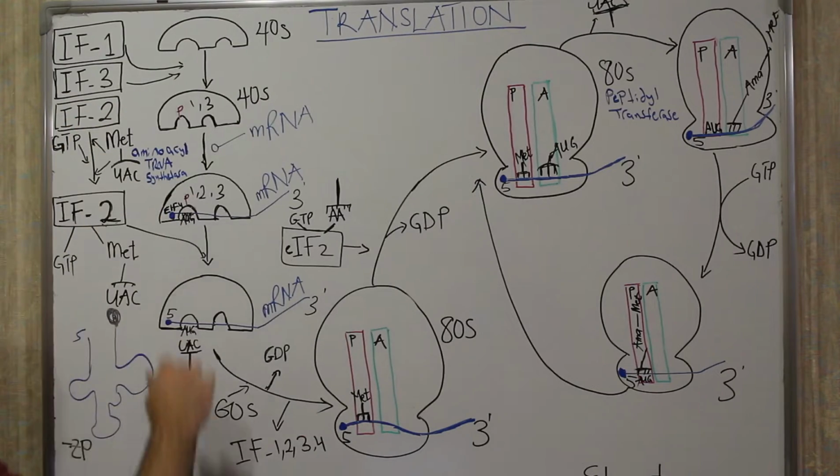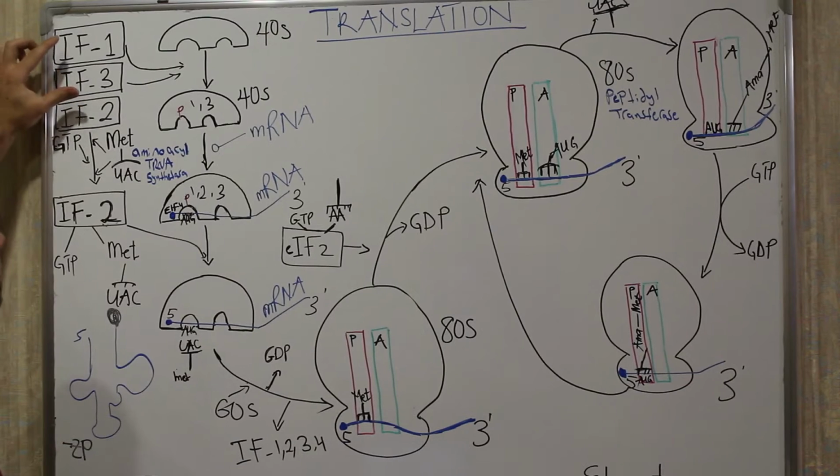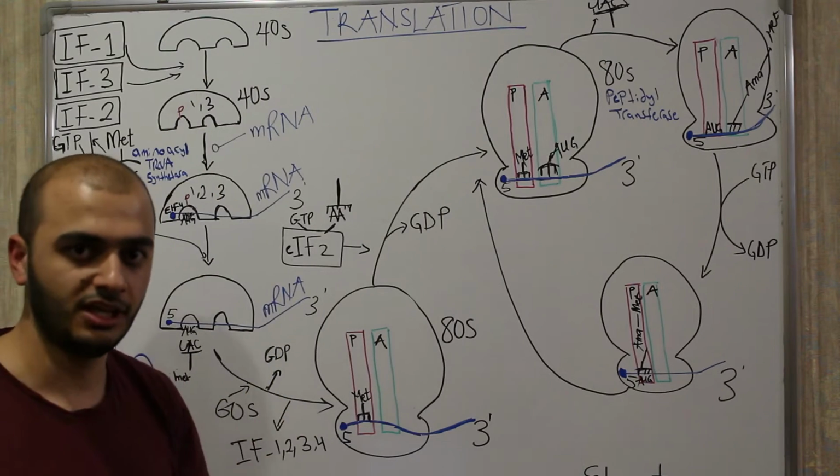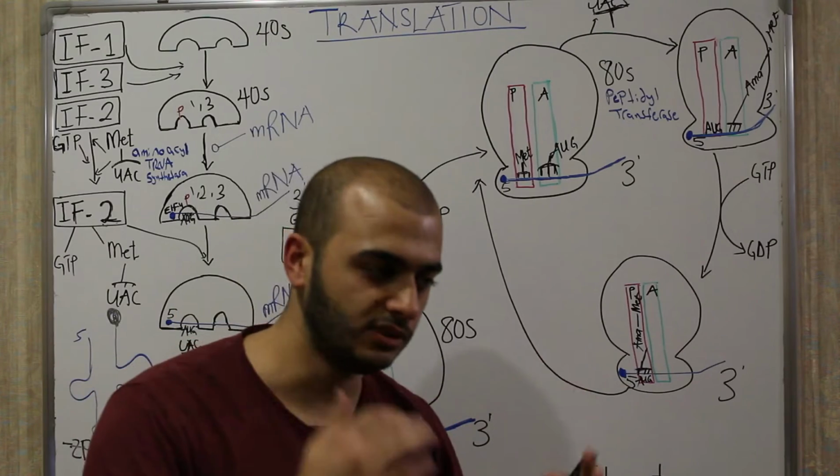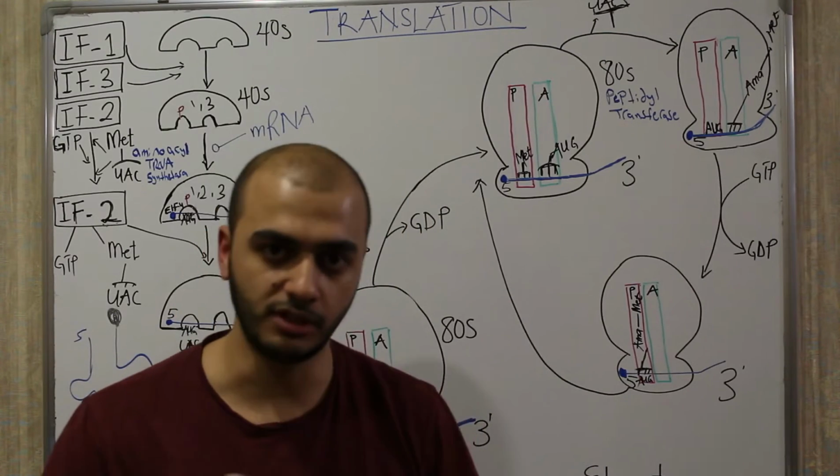In the first step, there will be participation of factors 1 and 3 in formation of the small ribosomal unit, because it is also divided into smaller parts.